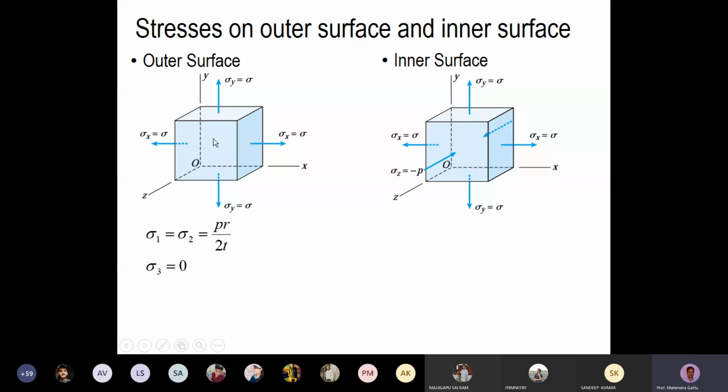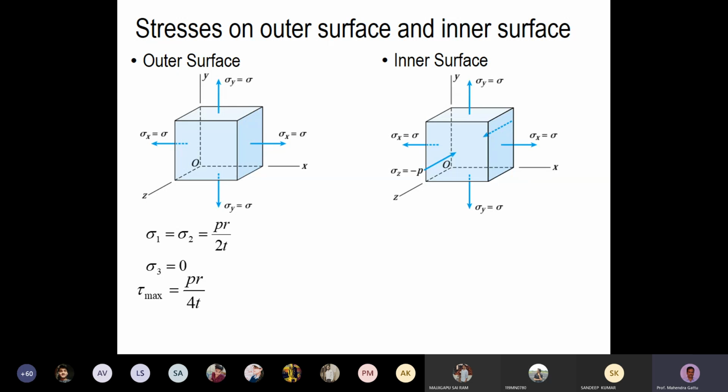So for this case, outer surface, these are the stress values, and the normal stress in the z direction is 0. So the maximum shear stress will be for the Mohr circle with y and z axis, or x and z axis. So that value is PR by 4T. The in-plane shear stress is 0. If you see, there is no in-plane shear stress because all the forces are in tensile direction.